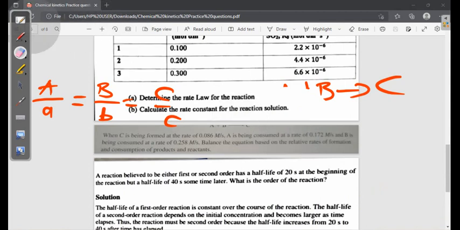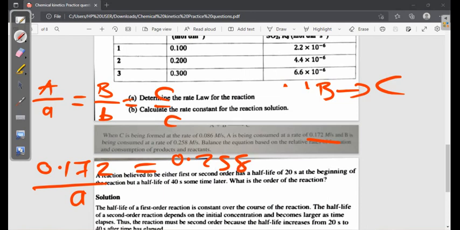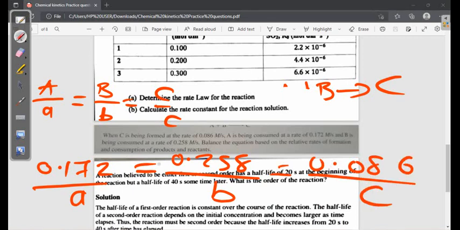So for the rate with respect to A, it is 0.172. So I'll say 0.172 over A is equal to, for your B, 0.258 over B, and for your C, 0.086 over C. So what you can do is find the ratios of these.